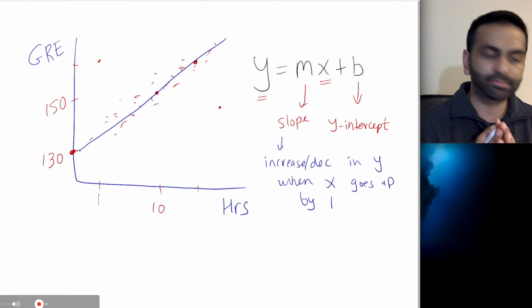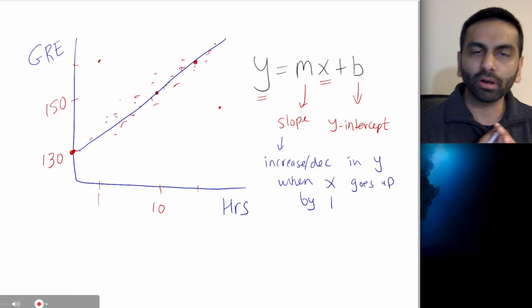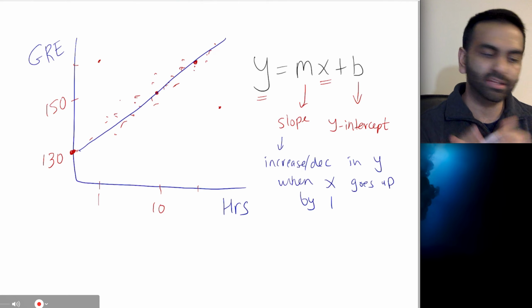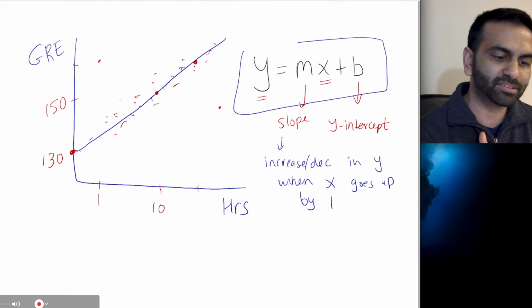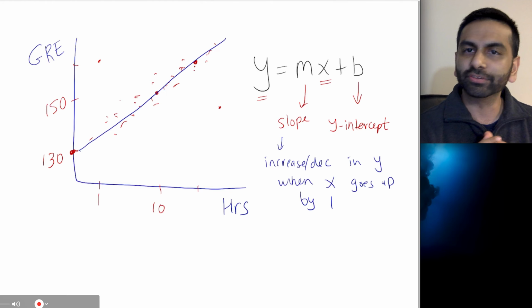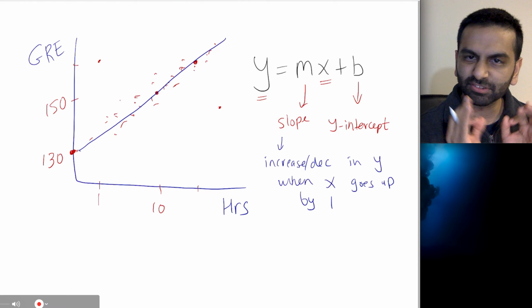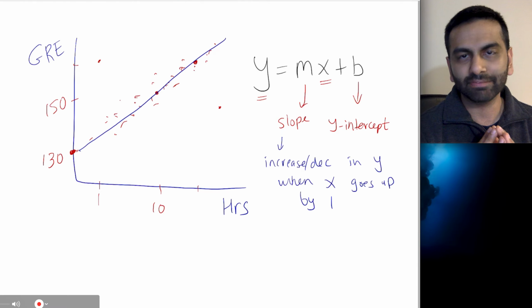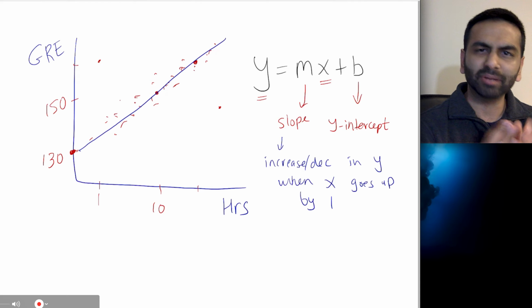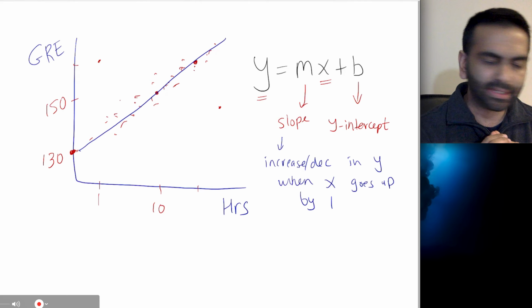So just to recap so far, any line in the world can be expressed in the form of y equals mx plus b, where x and y are your two variables, and m and b are constants. They're specific numbers for any given line. That's what distinguishes one line from another, what values of m and b they have.